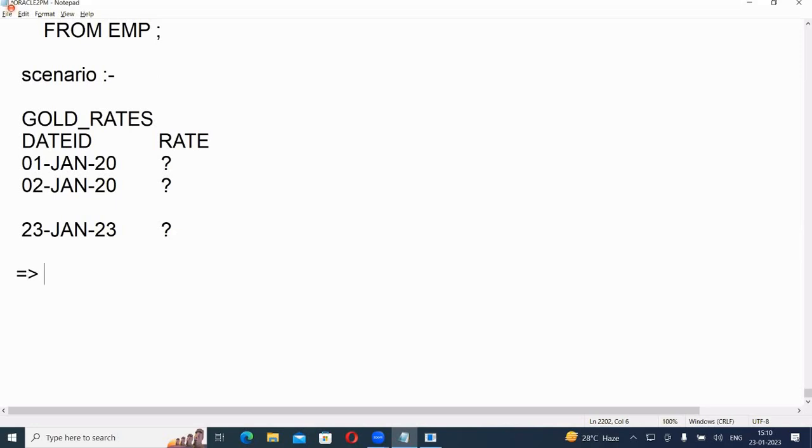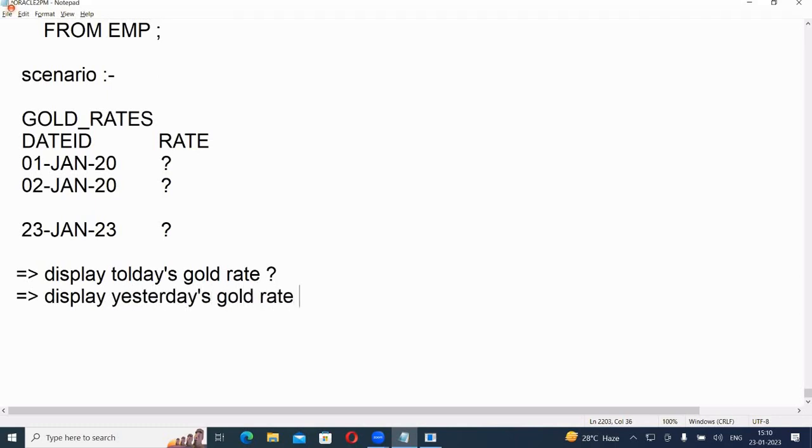From this table, they wanted 4 reports. Just listen. Display today's gold rate, and display yesterday's gold rate, and display last month same day gold rate.